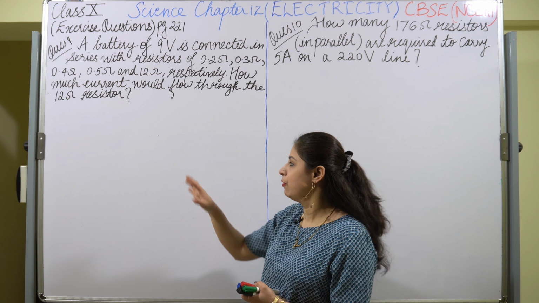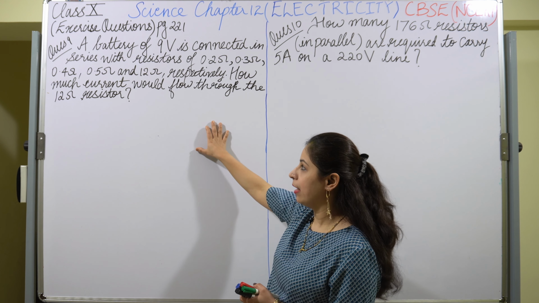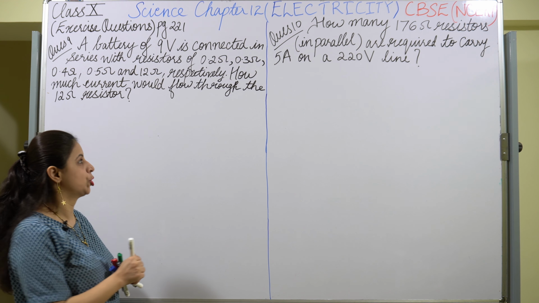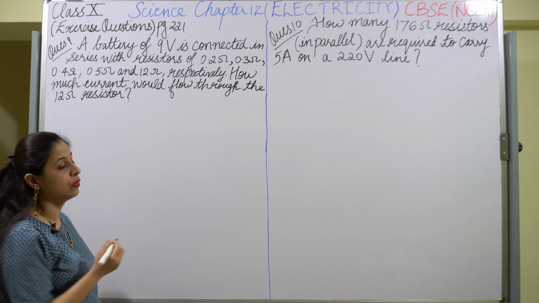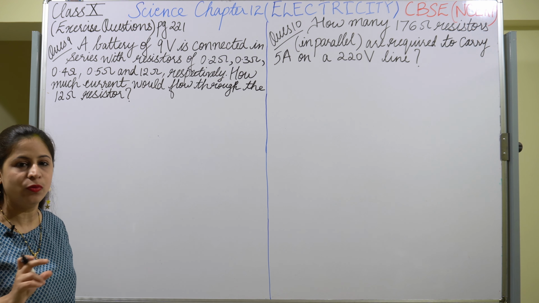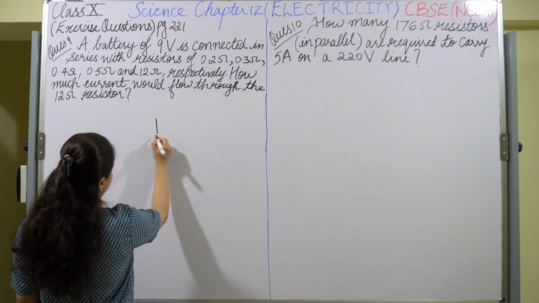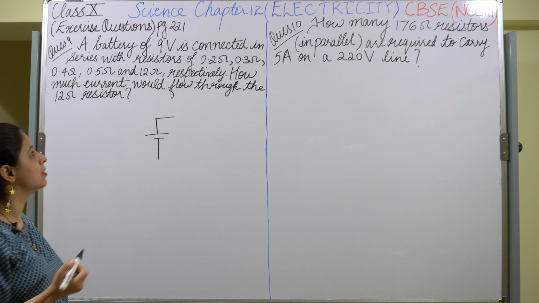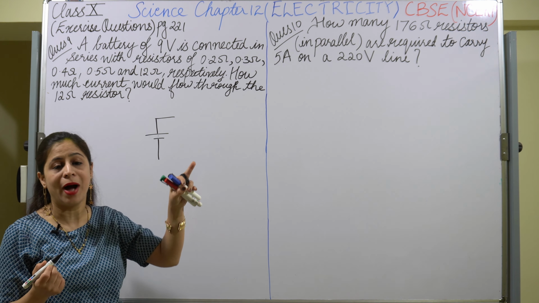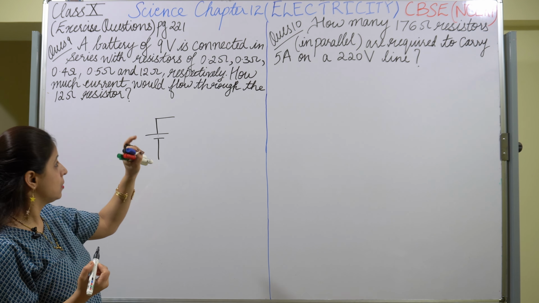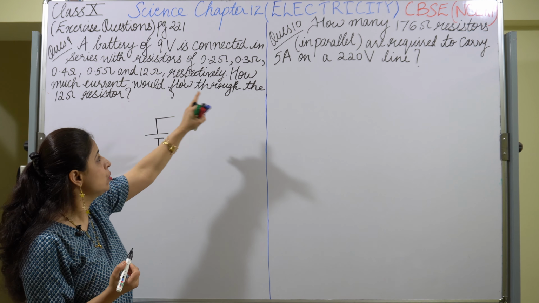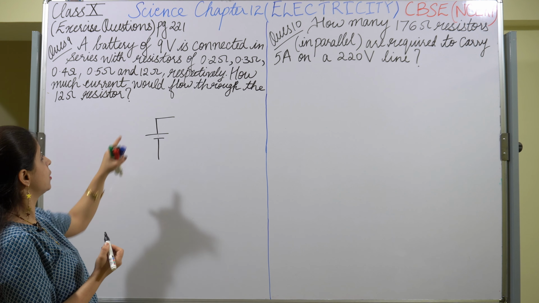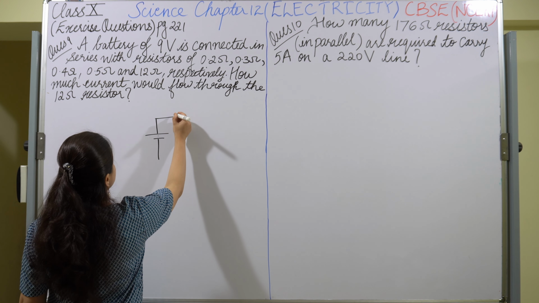Let us draw the circuit diagram first and then start our question. For the circuit diagram, we have been given the voltage equal to 9 volts. It is connected to 5 resistors having the values 0.2 ohm, 0.3, 0.4, 0.5 and 12 ohms respectively, and they are connected in series.